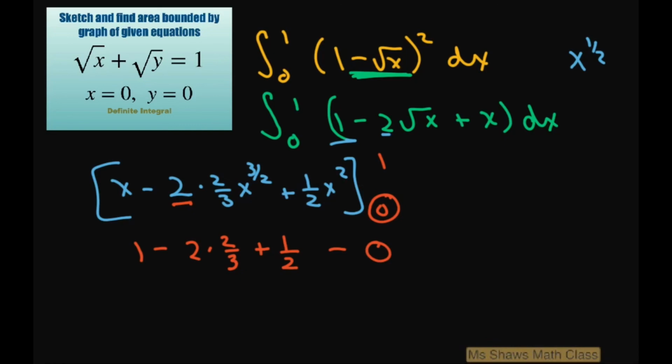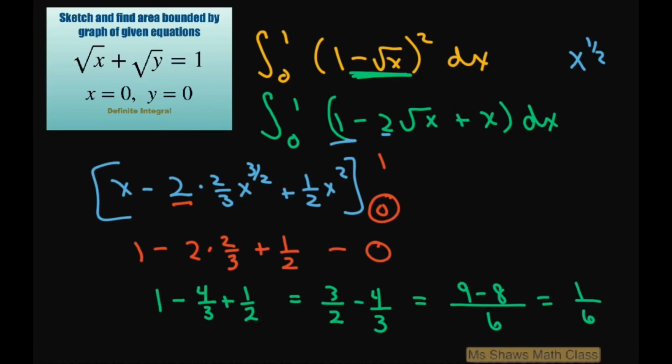So we're going to get 1 minus 4/3 plus 1/2. And this would be 1 plus 1/2 is 3/2, minus 4/3. So this is going to end up being over 6, so it's going to be 9 minus 8. That gives you 1/6. Just doing a little middle math there.